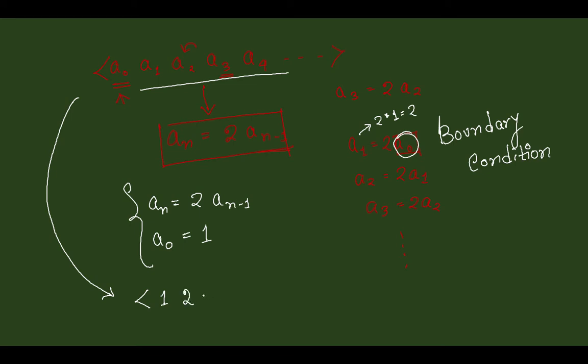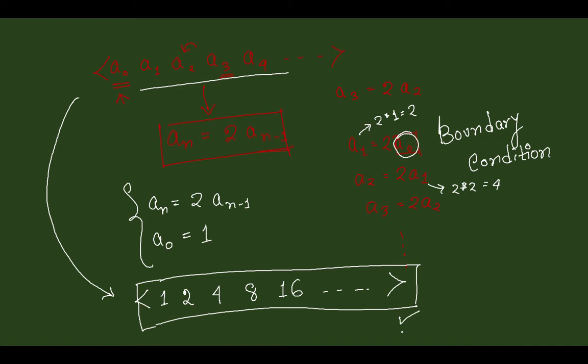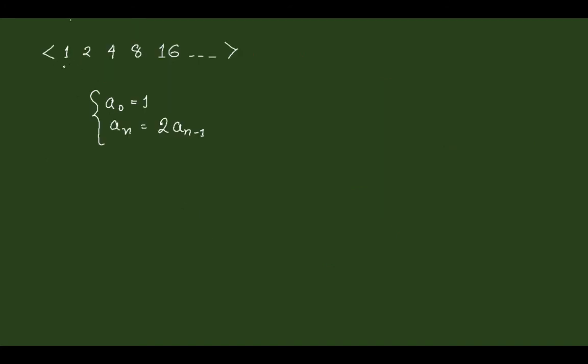Similar way, the third term would be 2 into 2, that is 4. So a2 would be 4. Same way, a3 would be 8, a4 would be 16, and so on. So for this sequence, we can define it with the help of our recurrence relation. So this was our sequence, and for this sequence, this was the recurrence relation.